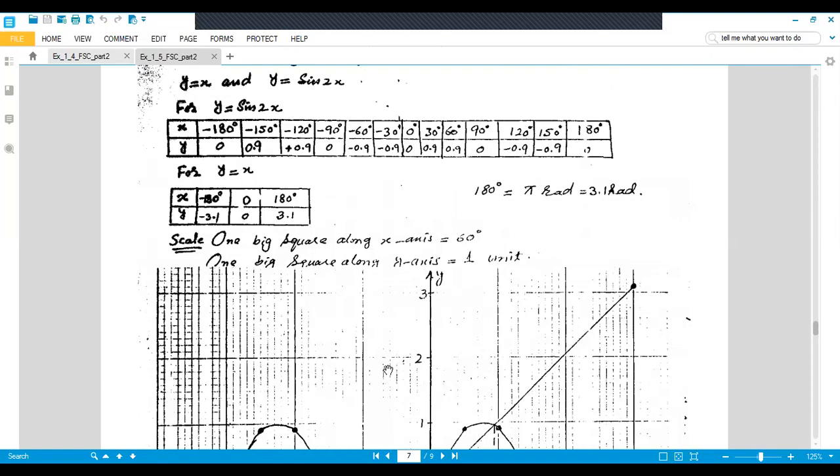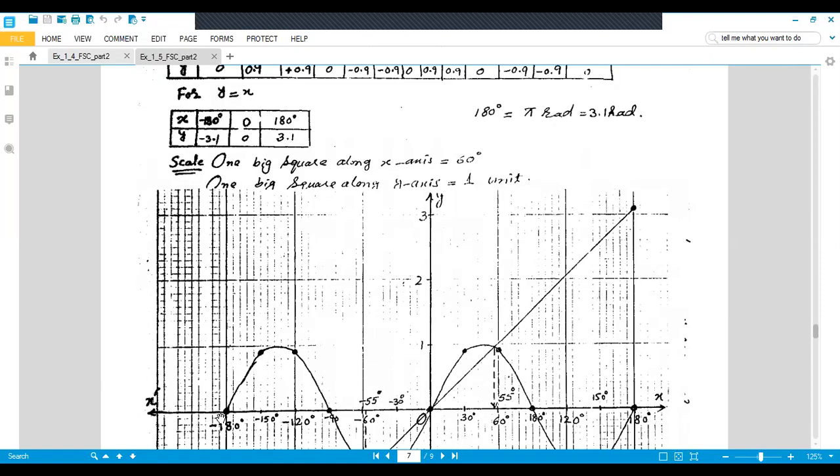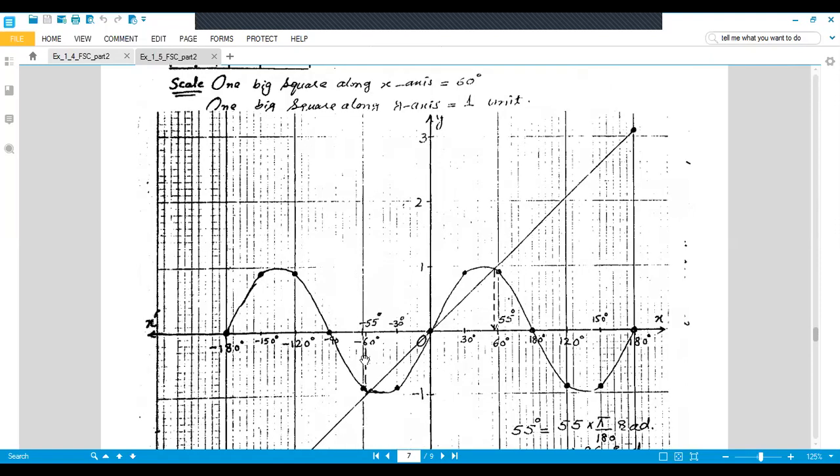For minus 180, you have 0, so you put a point here. For minus 150, you have 0.9, so after 0, 9 small boxes above. For minus 120, you have positive 0.9, so above minus 120 you put 0.9. For minus 90, you have 0, so you put a point here. For minus 60, you have 0.9 below.